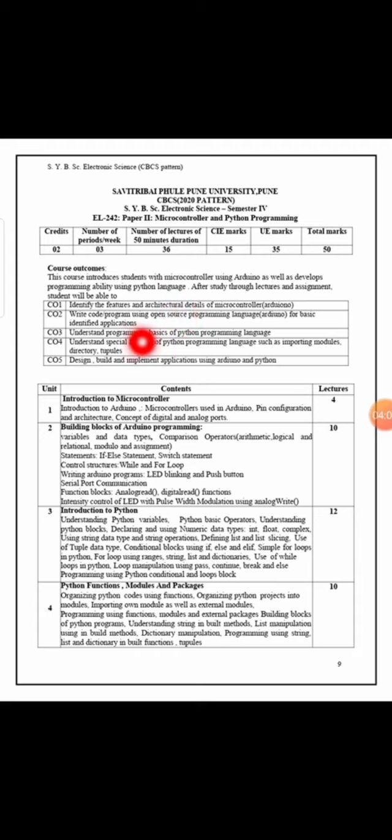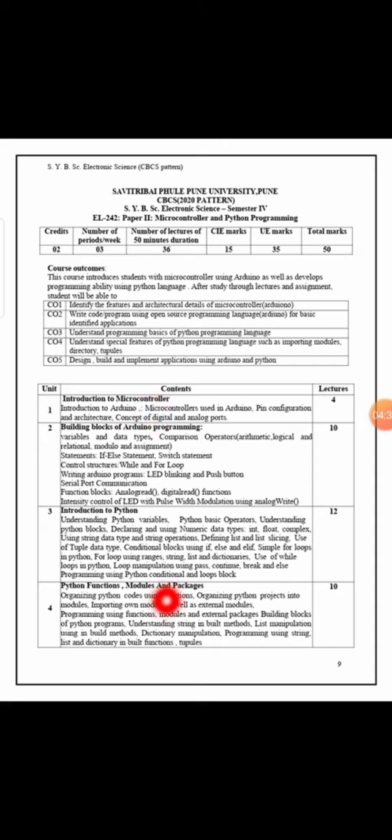You can write a program by using different codes. You can understand the basics of the Python programming language. You can understand special features of Python such as importing modules, dictionaries and tuples. You can design, build and implement applications using Arduino and Python.